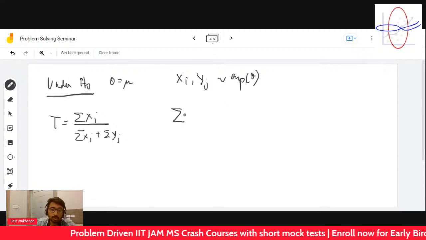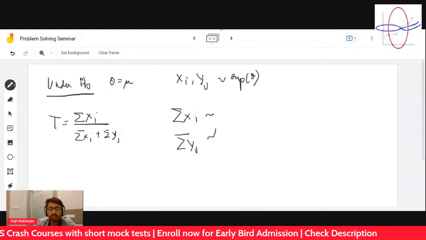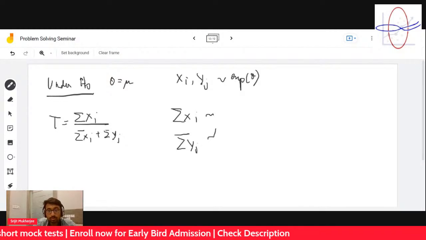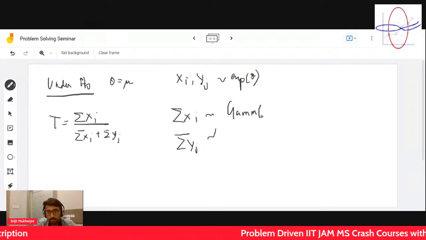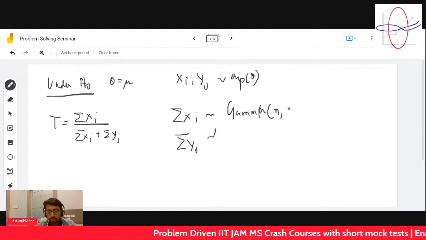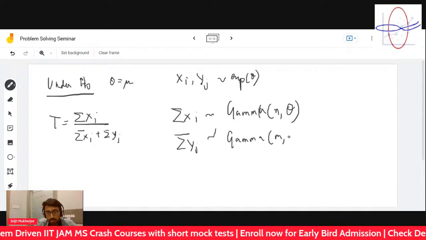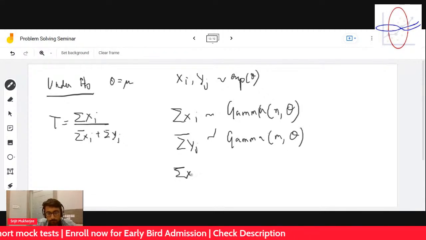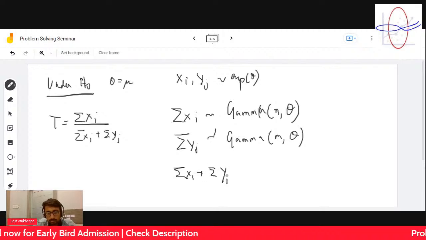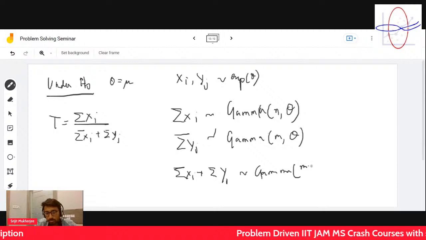So summation xi and summation yj will follow what? Tell me, it's very easy. Quickly, at this point of time. Gamma, very good. So summation xi will follow gamma n comma theta, and summation yj will follow gamma m comma theta under H naught, and since they're independent, their sum will follow gamma m plus n comma theta.